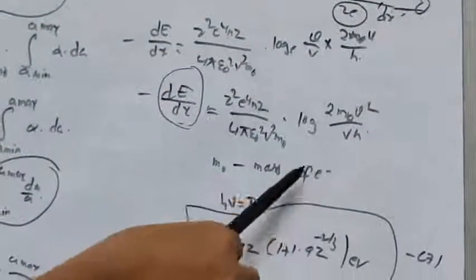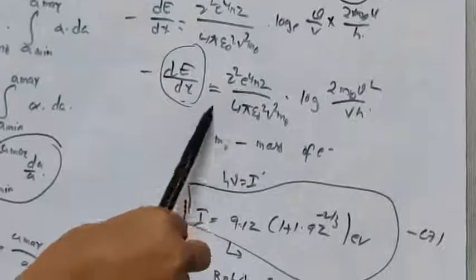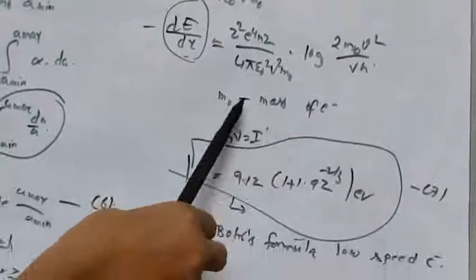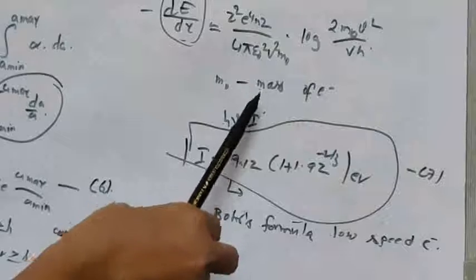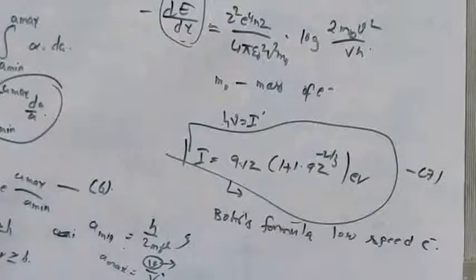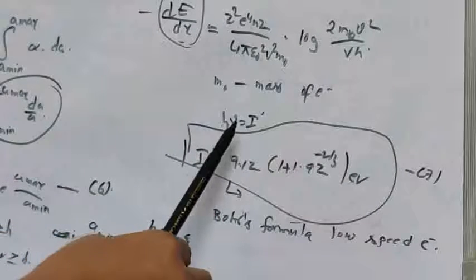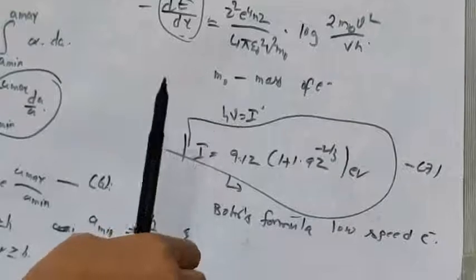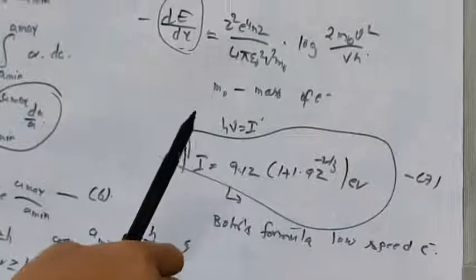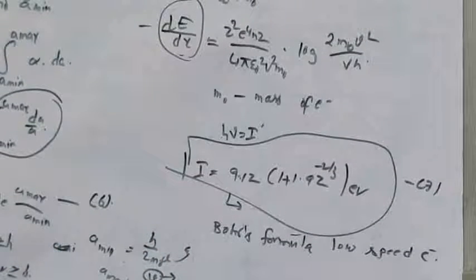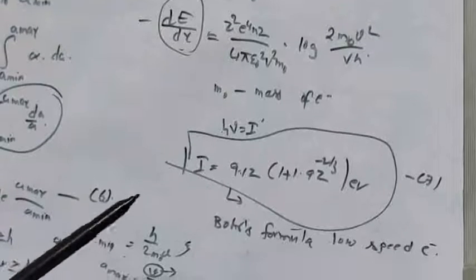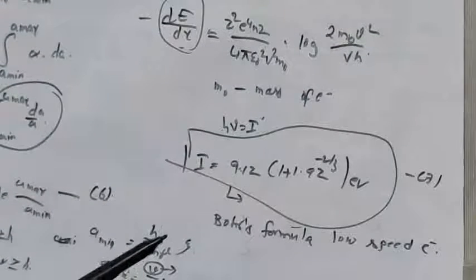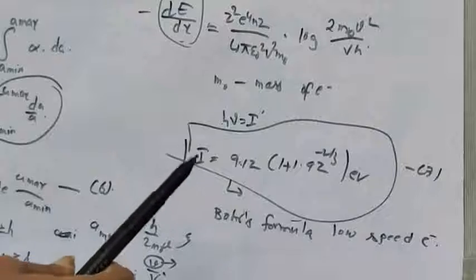From this we know each and every parameter. Here m naught is the mass of the electron, and h nu is equal to I. I is the average excitation energy or binding energy of atomic electron of any medium, and it is related to the ionization potential of the stopping material.